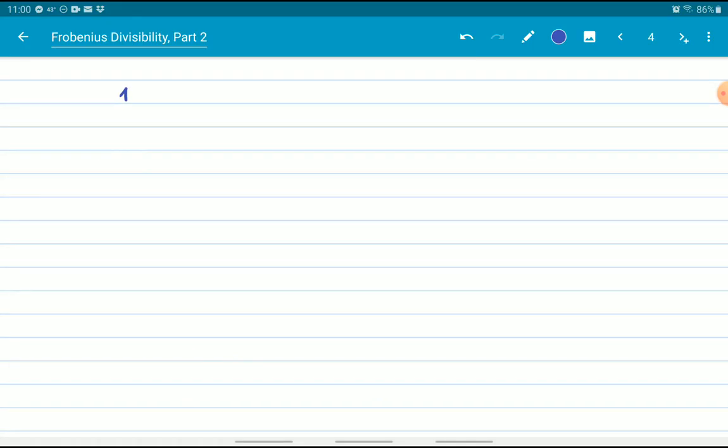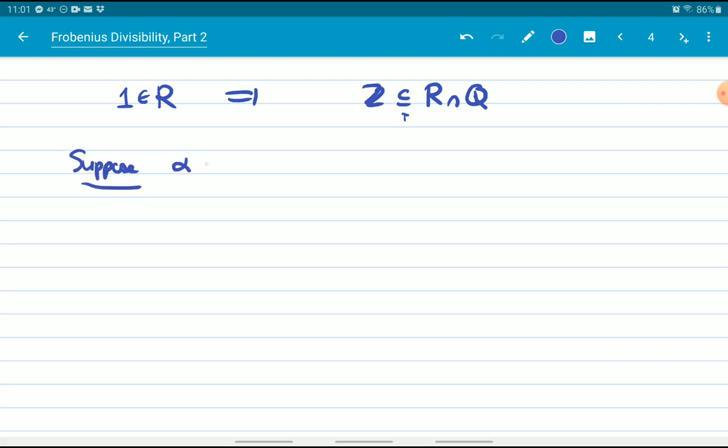Notice, by the way, that since 1 is in R, the integers are certainly contained in this ring. And of course, that's contained in R intersect Q. We want to show that that inclusion is an equality. So let's suppose I've got a rational number, which is also in R. So I'll call it alpha, but I could also write it as a over b, where a and b are integers, and b is not 0.